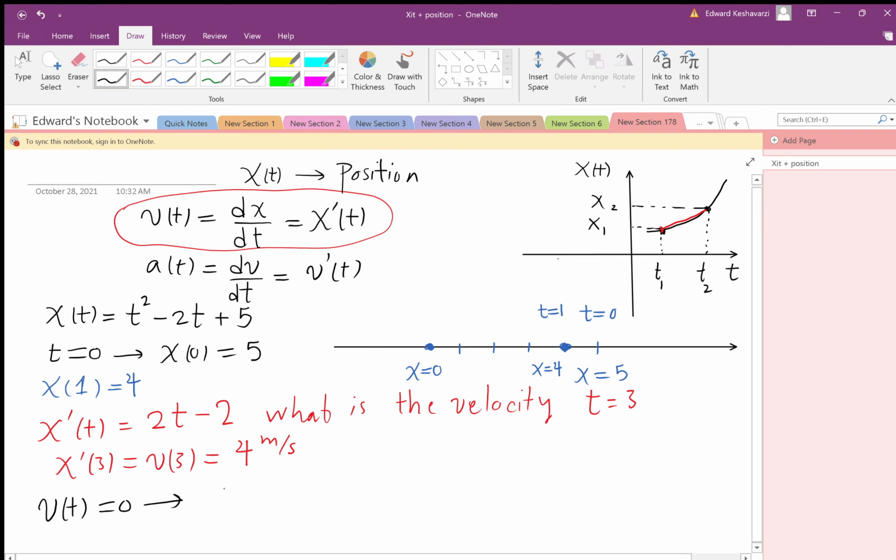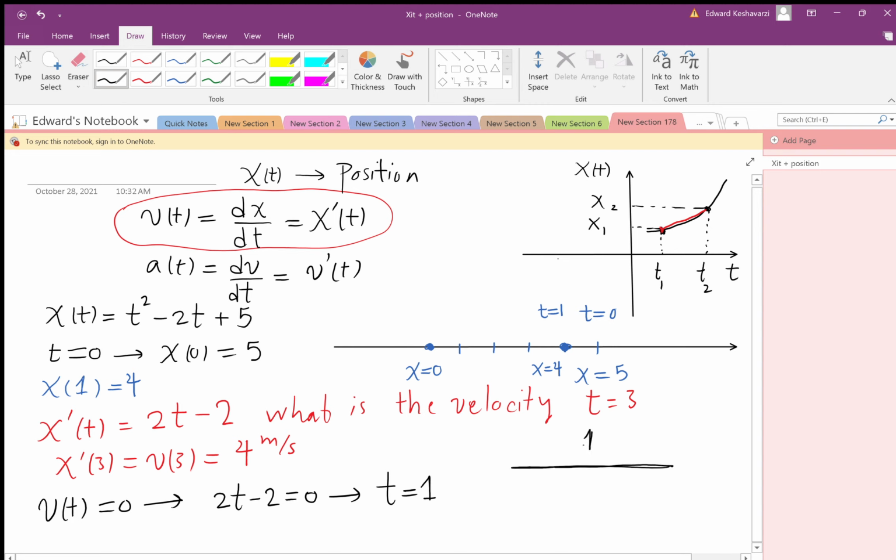So when v(t) equals 0, it means 2t minus 2 equals 0, and then t equals 1. So it means at t equals 1, the particle stops, and then we want to know how it changes the direction.